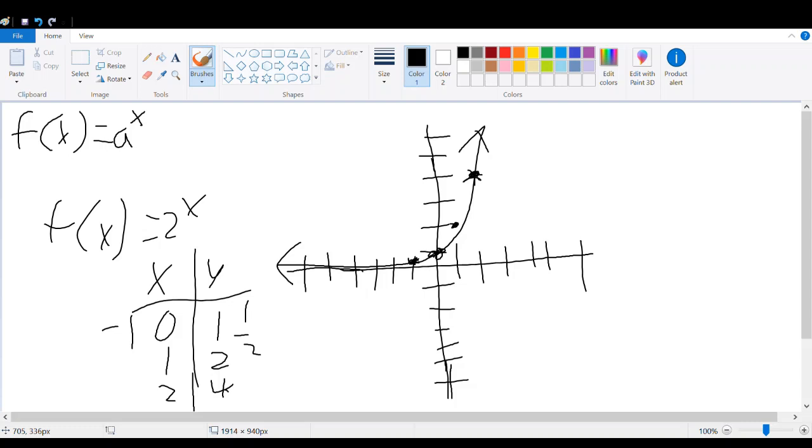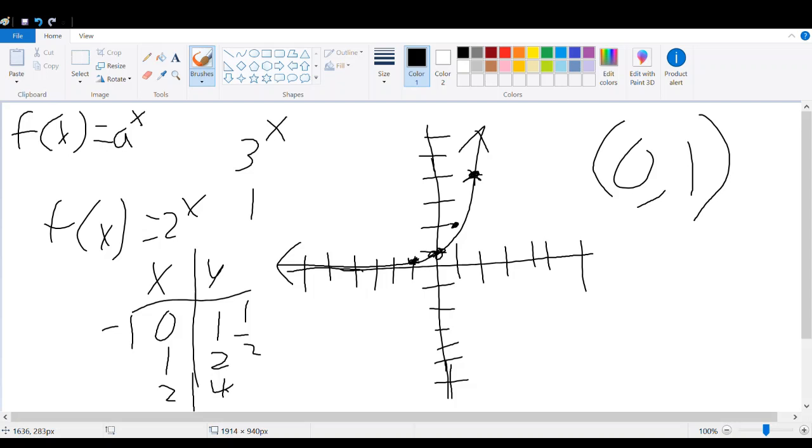I'm going to talk about 2 points right here, 0, 1, and 1, 2. If I did f of x equals 3 to the x, plug in 0 for x, it's 1, just like here. Because anything to the power of 0 is 1, a point on any exponential graph, unless it has a transformation, is going to be 0, 1.